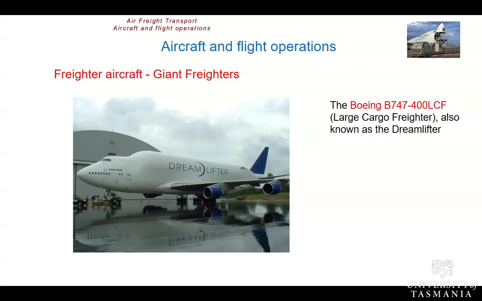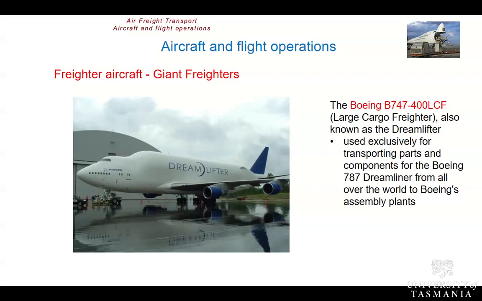The Dream Lifter, which is the Boeing 747-400 LCF, which stands for Large Container Cargo Freighter. This particular aircraft is utilised specifically for the movement of parts and components of the Boeing 787 Dreamliner.